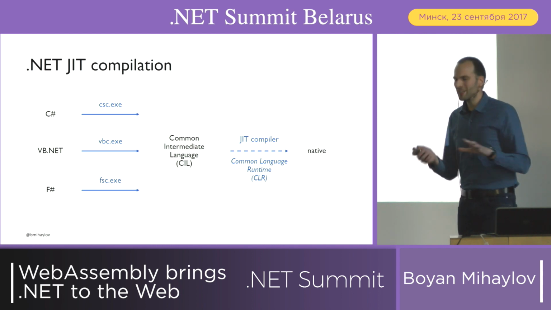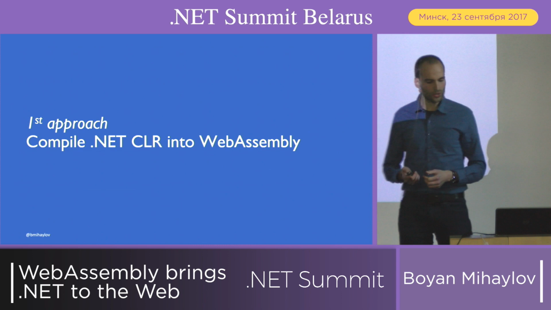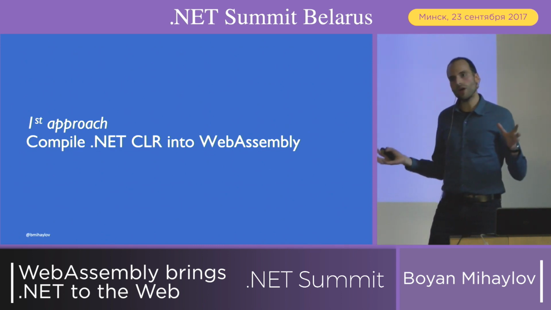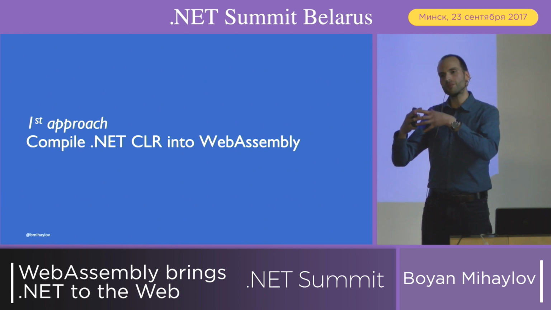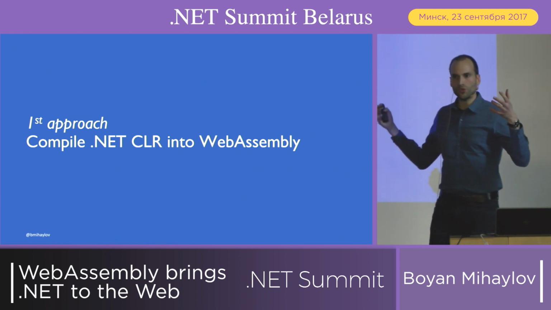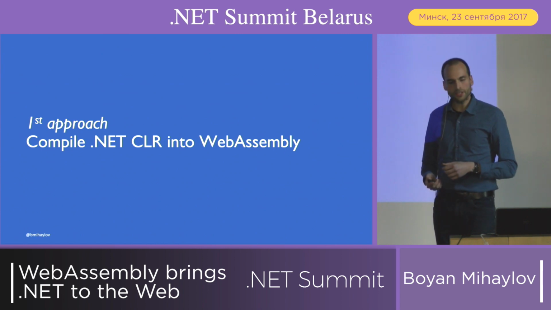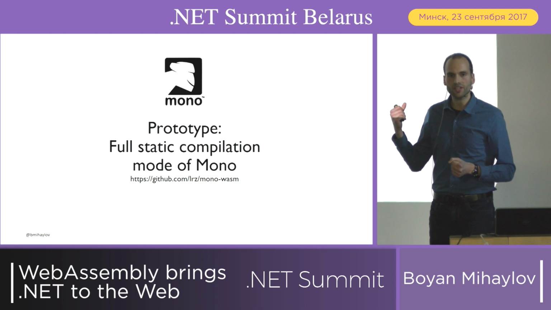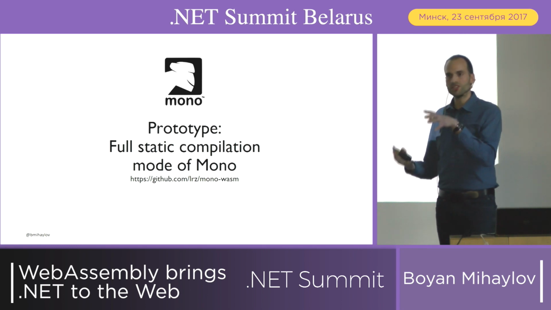Well, we have basically two general approaches. The first one is, well, we could compile everything. We could compile the .NET runtime with our source code and produce one really big thing. And it works. I mean, Mono has done really nice examples on their website where you could do this compilation.